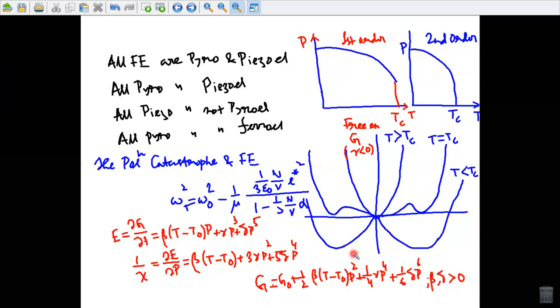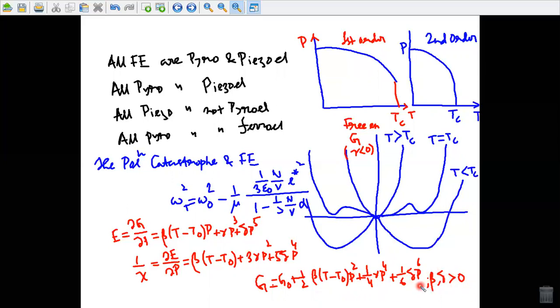We can choose delta equal to 0 and assume the Gibbs free energy G. So G is equal to G naught plus half beta (T minus T naught) P squared plus 1/4 gamma P to the power 4 plus 1/6 delta P to the power 6, where beta, delta are greater than 0.